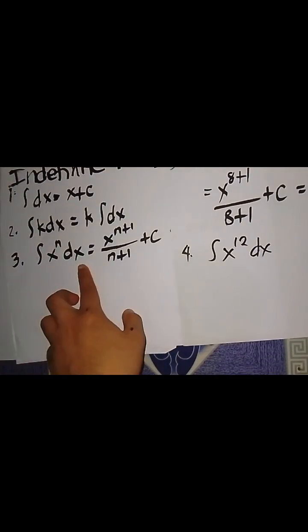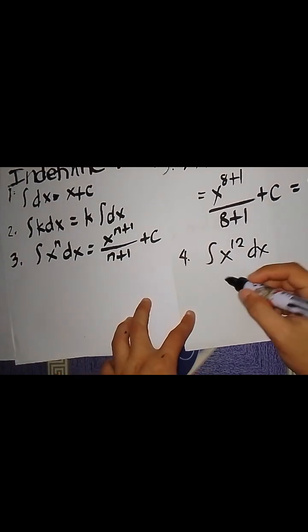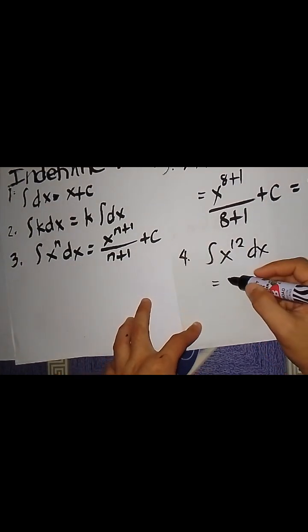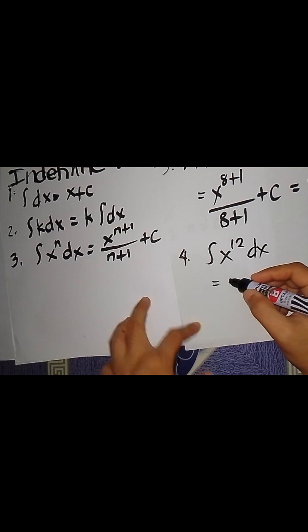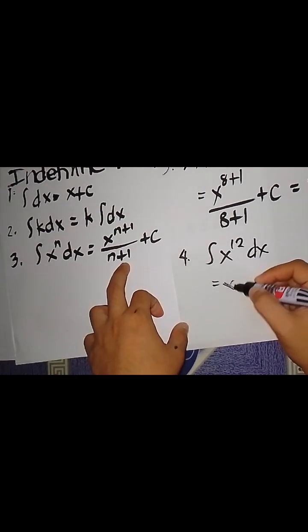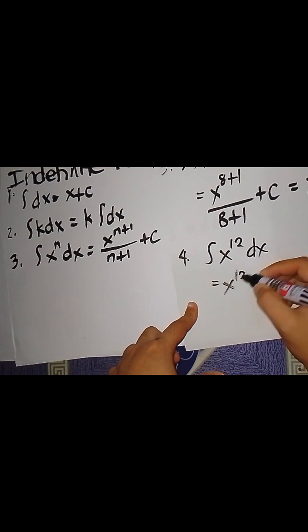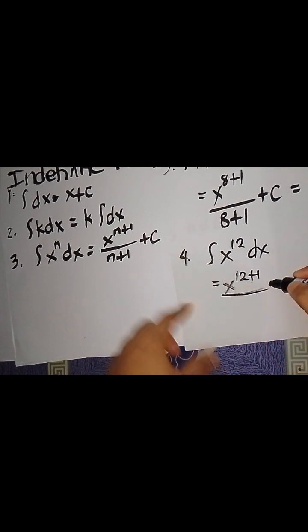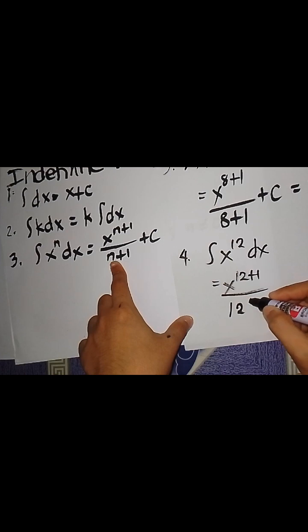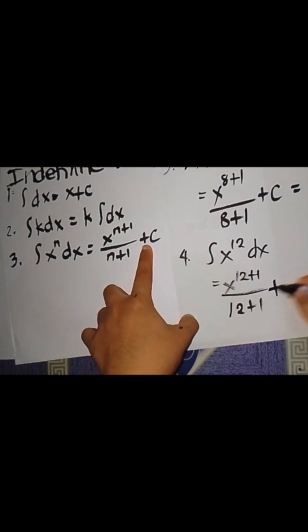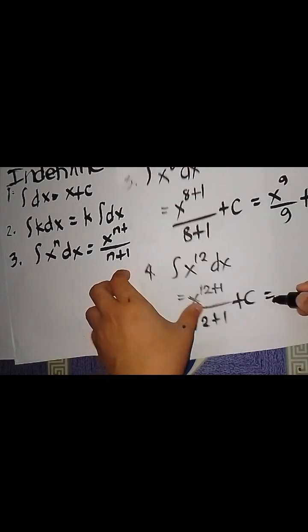For the last example, we have the integral of x raised to 12 dx. Just the same as the third property, it is equal to x raised to n plus 1, where n is equal to 12, so 12 plus 1, all over 12 plus 1, then copy the plus c, and then solve.